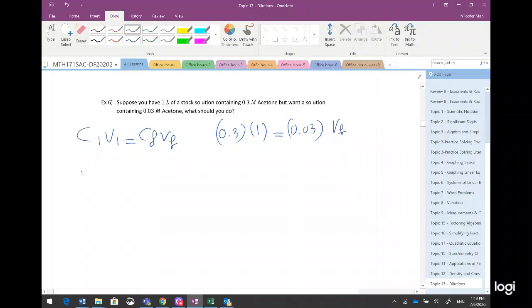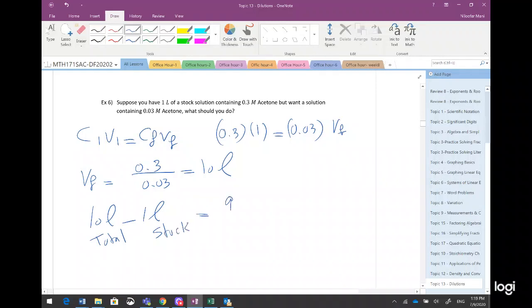So V final is this divided by that, which is 10 liter. Remember, 10 liter is the total solution, but how much solvent did I add? So 10 liter minus 1 liter, this is total, this is stock, and this is 9 liter solvent.